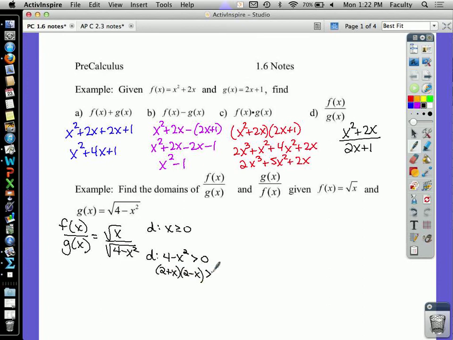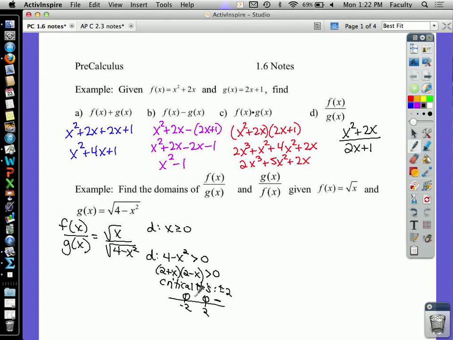So you factor it, and you find your critical numbers, which are plus or minus 2. Because this is strictly greater than 0, they're open circles, and then we test. If I plug in that x is 3, that's a positive times a negative.